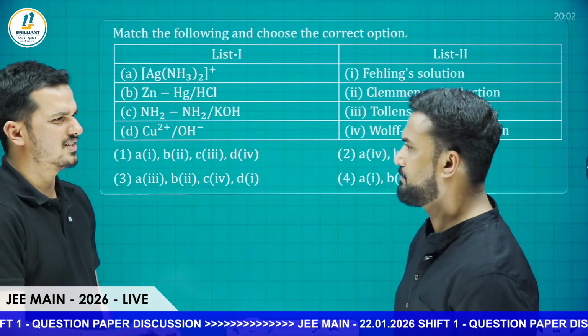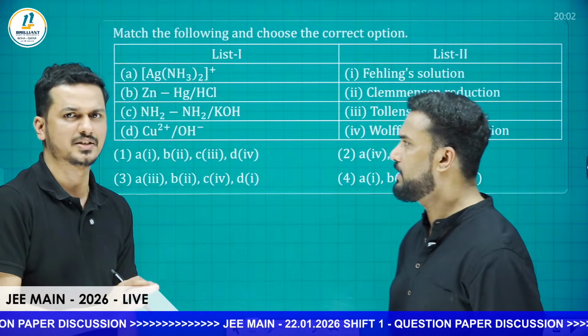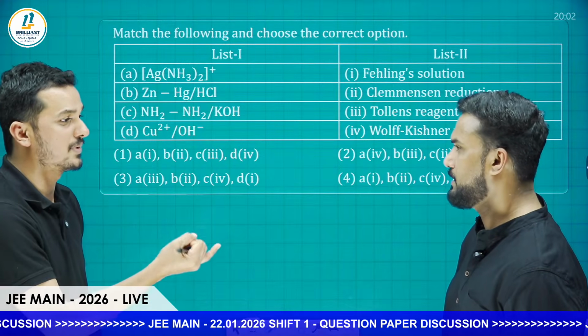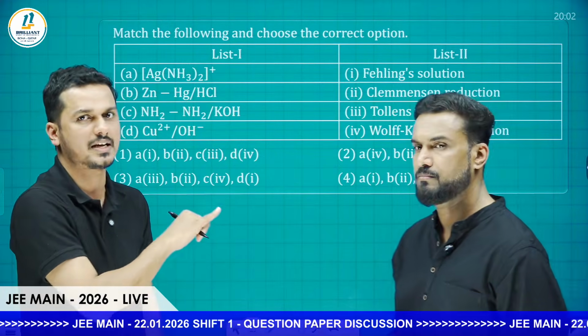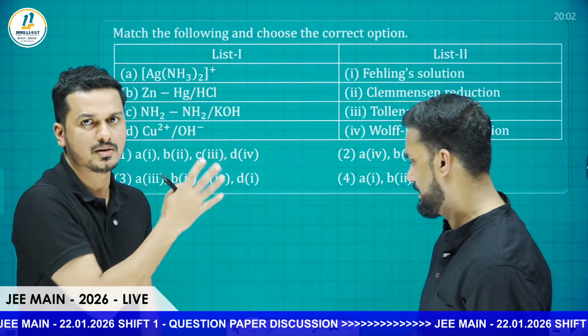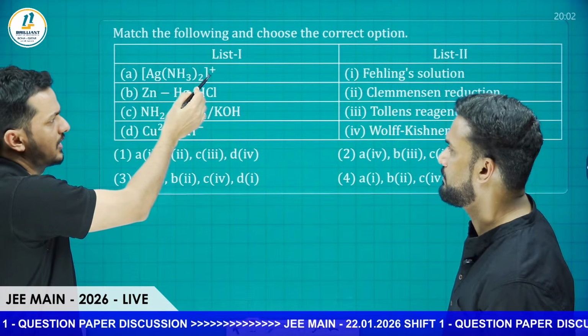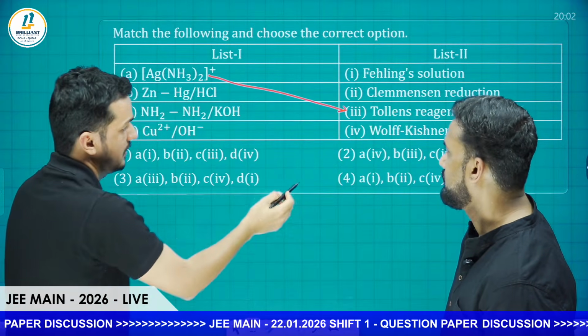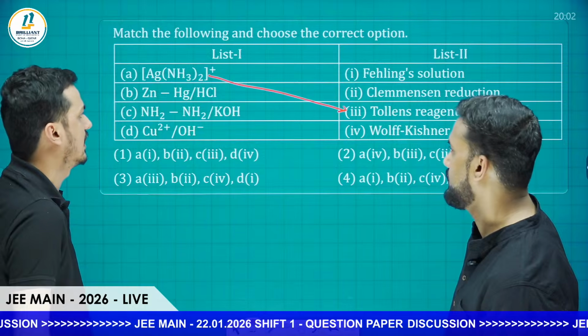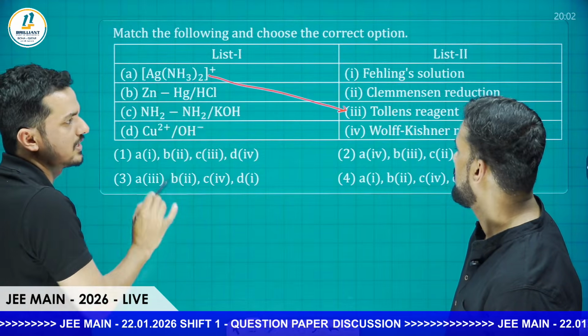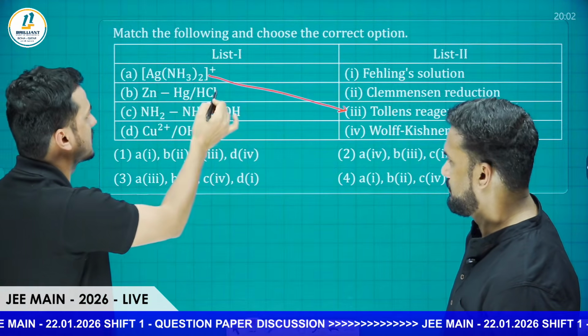This one is, I think, an easy question. Comparatively easy reaction question, but students sometimes may miss the basic ideas. If they can connect the reagent, then it will be fine. Ammoniacal silver nitrate is Tollens reagent. Zinc amalgam and HCl will be Clemmensen reduction.